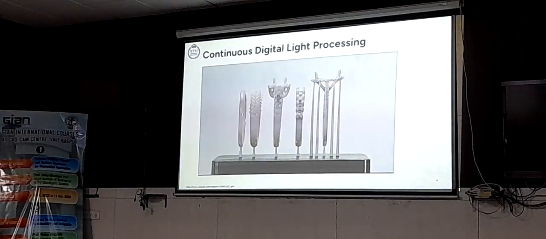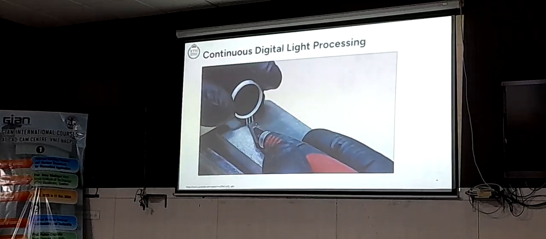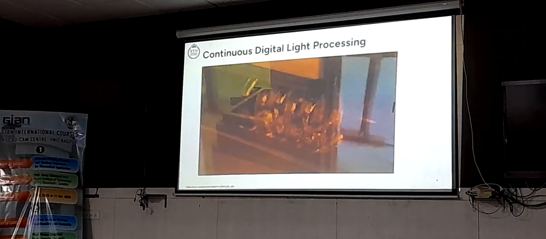One of the advantages with this continuous digital light processing, I guess, is that the continuous process can create more complex structures.